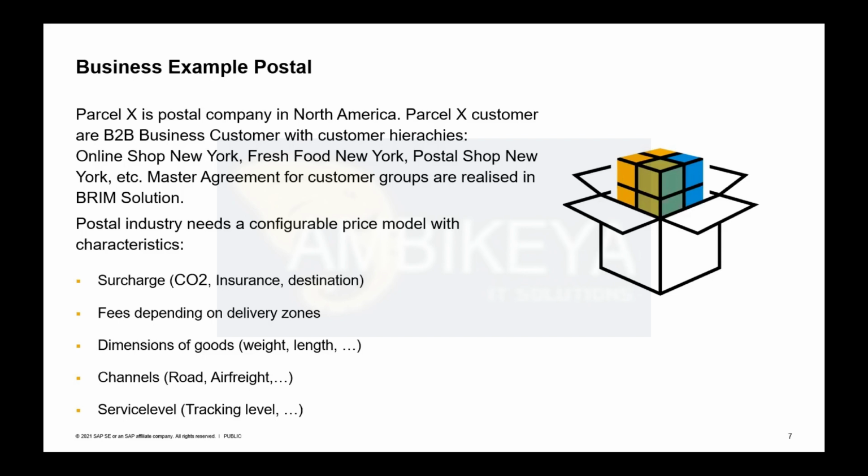For example, you can imagine we have an online shop in New York. We have another customer, which is a B2B customer, which delivers fresh food, or we have a postal shop somewhere. Amazon, for example, could be one customer as well. You can imagine that we have master agreements for those customer groups, and they can be easily realized in the BRIM solution because we have the master agreements in the subscription order management, and as well in the convergent invoicing.